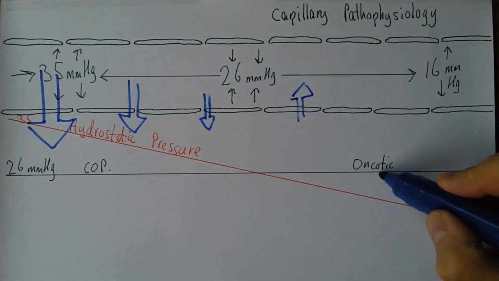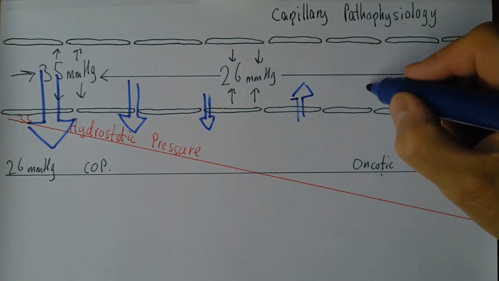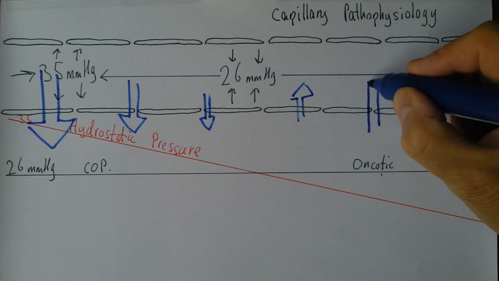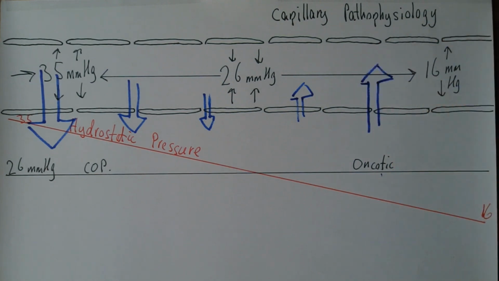Here the pressure difference is going to be greater, so we'll get more going back in. And here there's a much bigger pressure difference, so we'll get quite a lot more going back in. So that's what's going to happen in the normal situation.